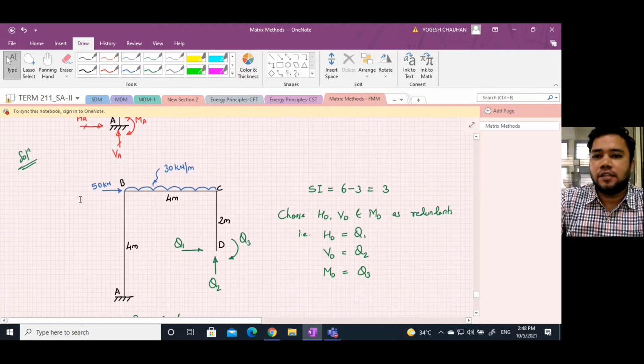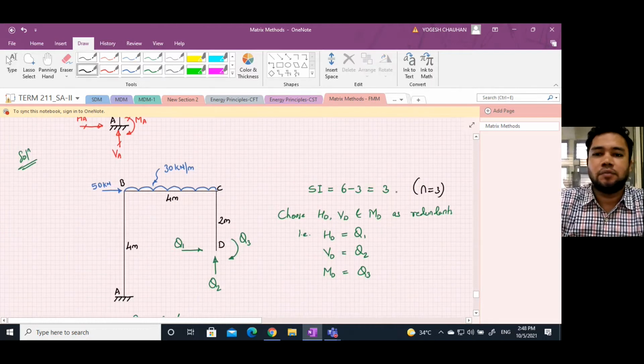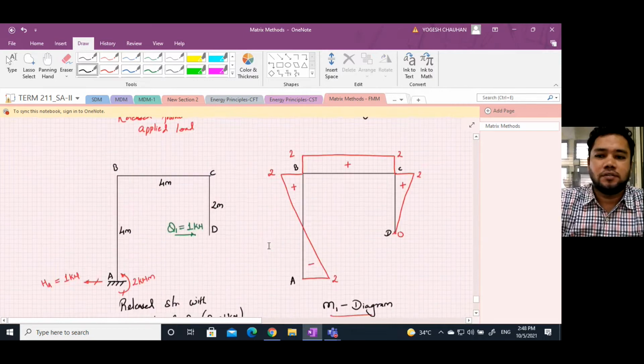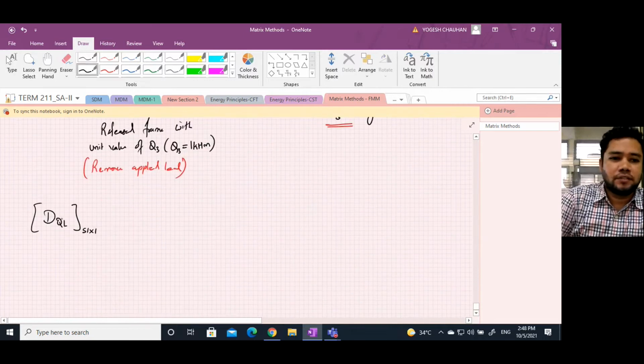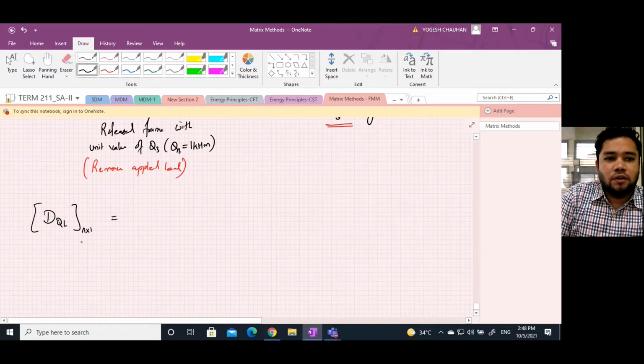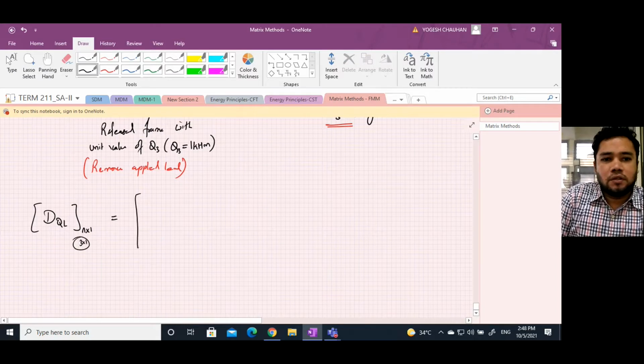That is, N is equal to 3. This is an N cross 1 matrix, so it will be a 3 cross 1 matrix. There will be 3 components: DQL1, DQL2, and DQL3.